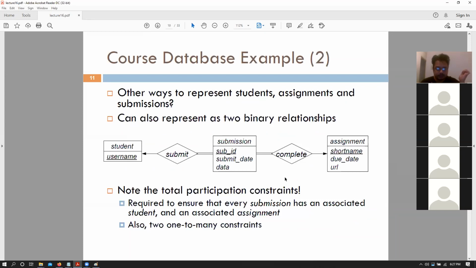Like we did last time, we can say that student, which has a username, has a one-to-many partial relationship with submission, with the submission ID, submission date, and the thing that you submitted, with a partial relationship to assignment, with the due date, the name of the assignment, and so on.